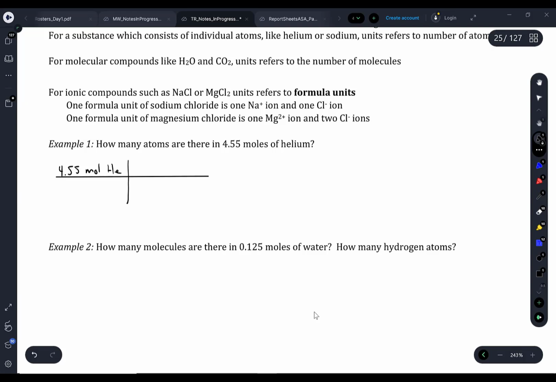So I need to cancel moles by saying every 1 mole of helium contains 6.022 times 10 to the 23rd helium atoms. So, not too hard.